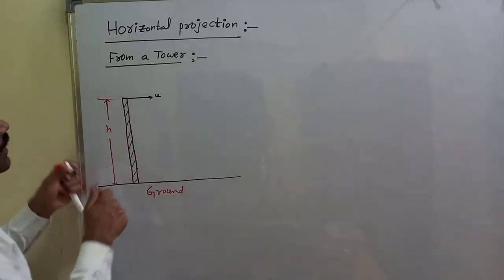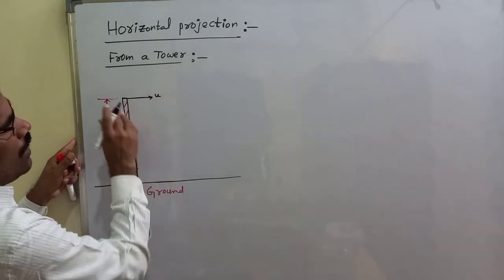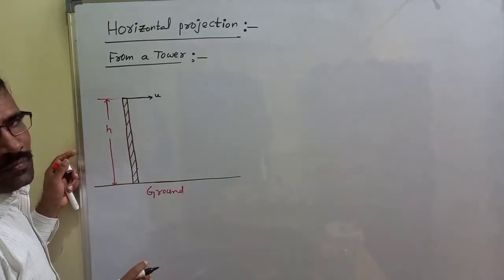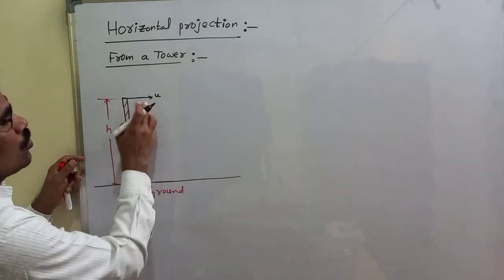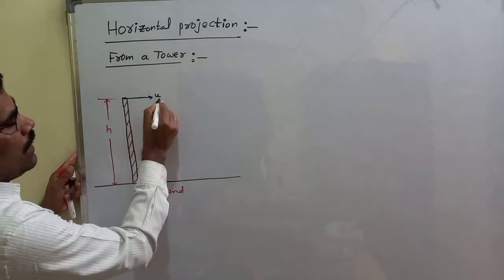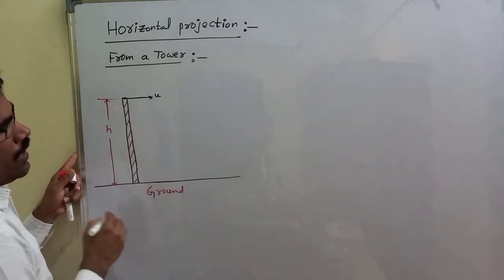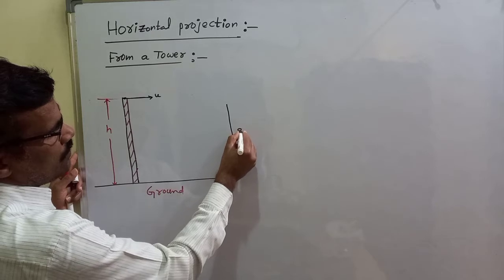Here, if a ball or stone is thrown with initial velocity u horizontally from the top of the tower, we know that gravity is acting vertically downward.